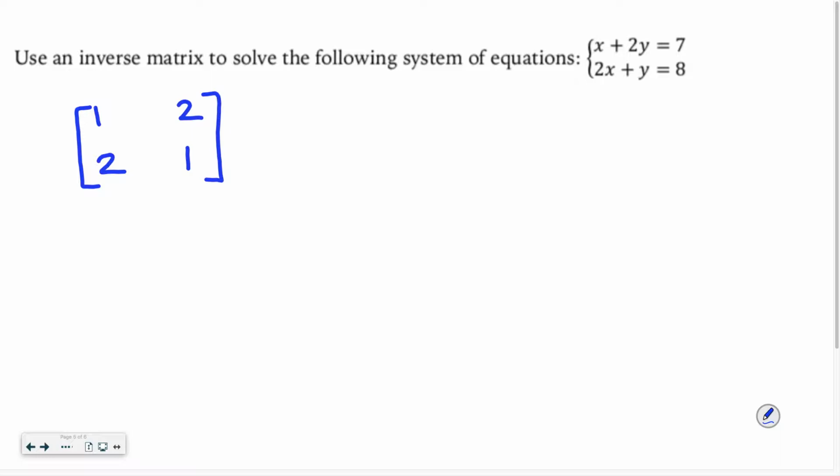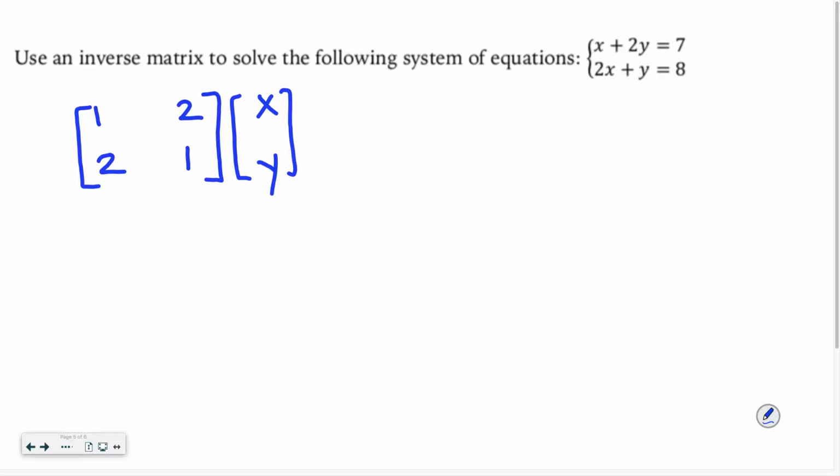So 1, 2, 2, 1 came right here. 1, 2, 2, 1. Just take the coefficients. Okay? Our second matrix is our variable matrix, x, y. If I take this matrix and I multiply it by the matrix x, y, we would get 1x plus 2y and 2x plus 1y, which is what our equations are.